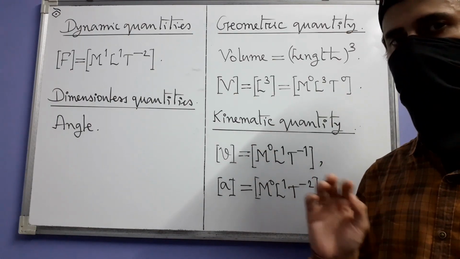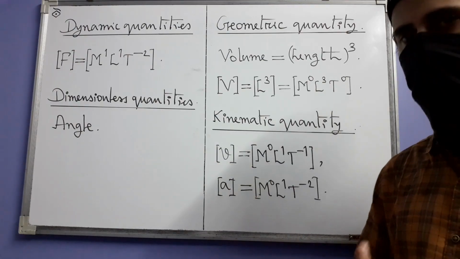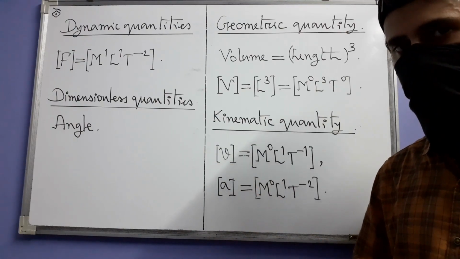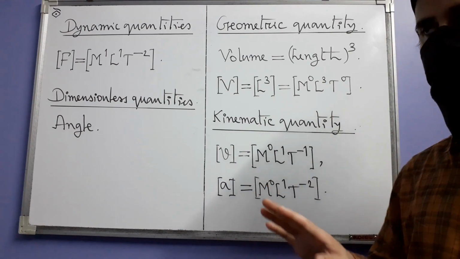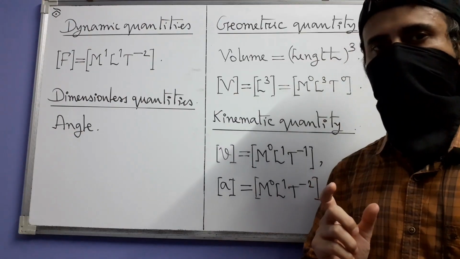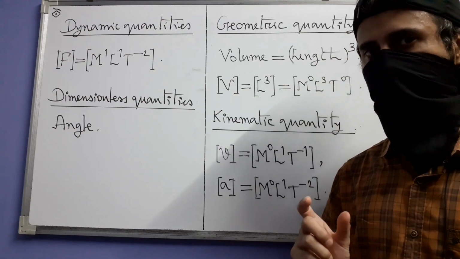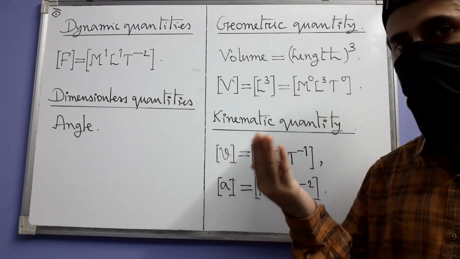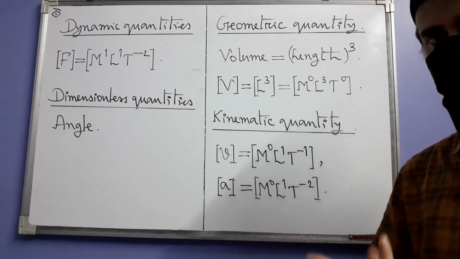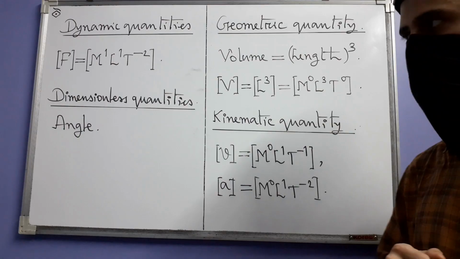You would object, you would say that angle has unit, for example 2 radian. So by not having unit, what I meant is that the radian unit does not depend on the 7 fundamental units or 7 base units, or 7 base quantities rather I should say.